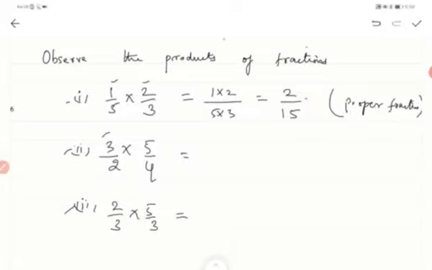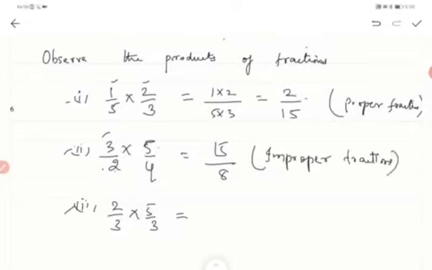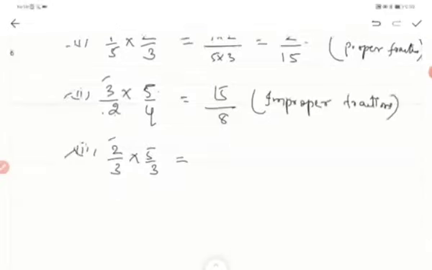Okay, the next set I took is two improper fractions. 3 by 2 is improper because the numerator is greater than the denominator, and 5 by 4 is also improper because the numerator is greater than the denominator. So the product of these two, 5 into 3 is 15 and 4 into 2 is how much? 8. So I got 15 by 8. So this is the product of two improper fractions, isn't it? Okay, now 2 by 3 is a proper fraction or improper?